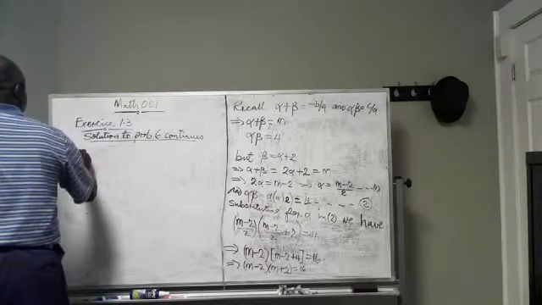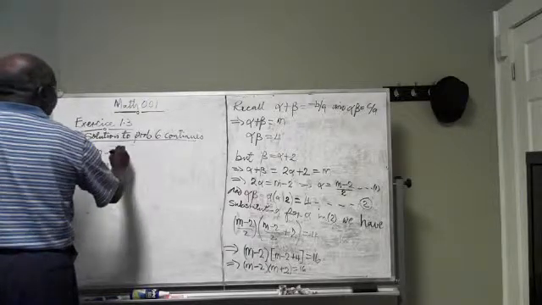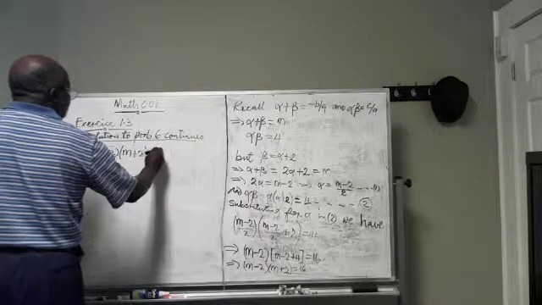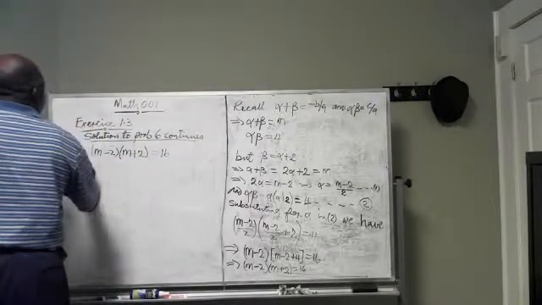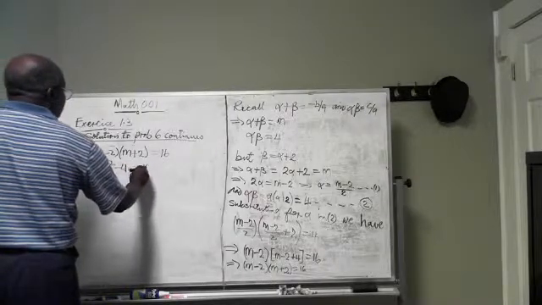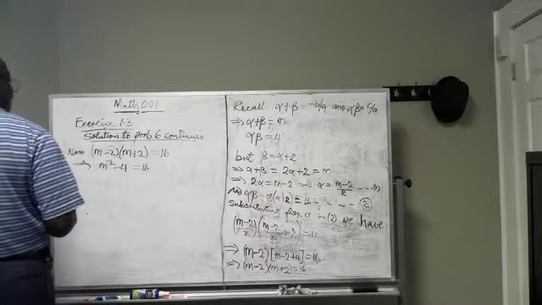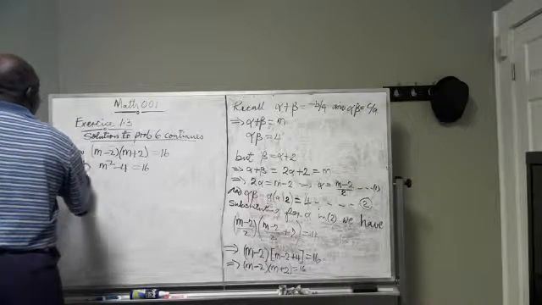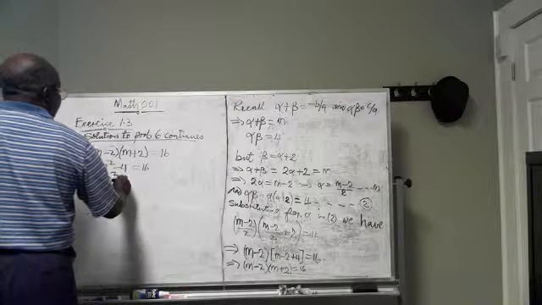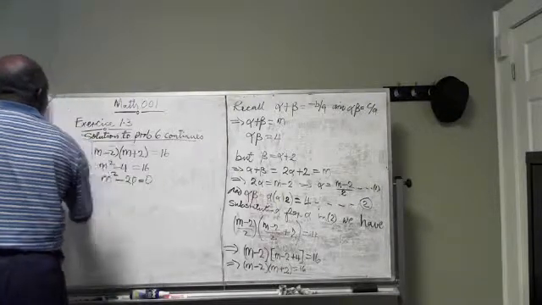Now m minus 2 into m plus 2 equals 16 implies m squared minus 4 equals 16, which implies m squared minus 20 equals 0.